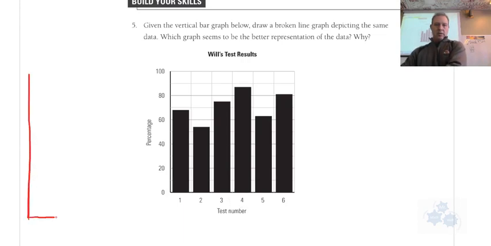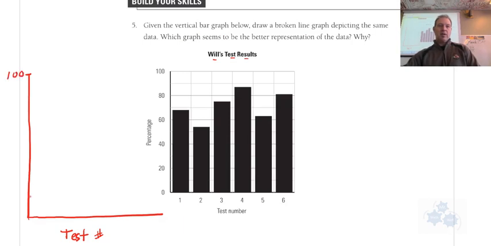So I'm going to draw my graph off to the side here. This is test number, and this is Will's test results. So the same data, which graph seems to be a better representation? I'm going to use the same scale on everything, from 0% to 100%.